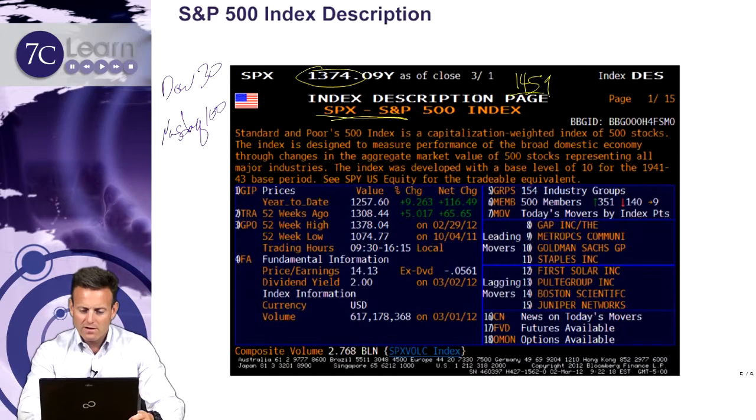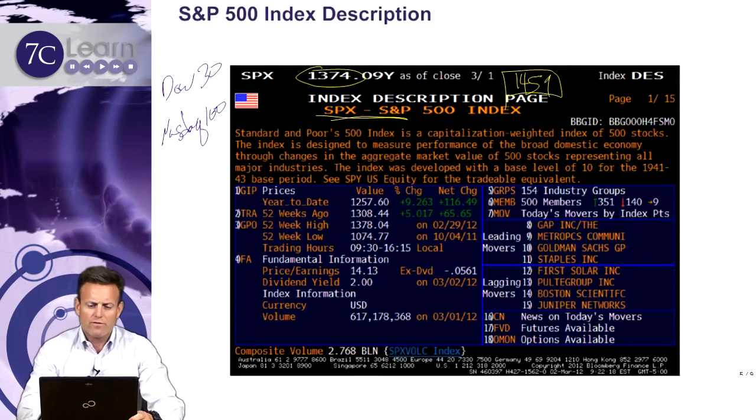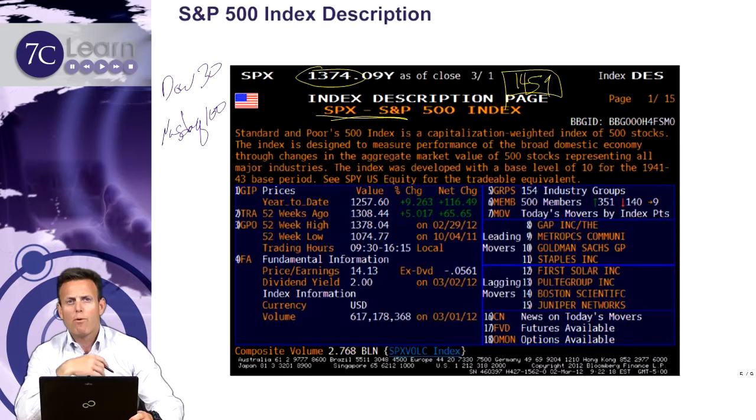So yeehaw, go USA. So the index has been on a bit of a move so far this year. Always pleasant to see that. But nonetheless, the way we refer to this is at the time this was taken, 1374. Right now, 1459 points. So it's index points.